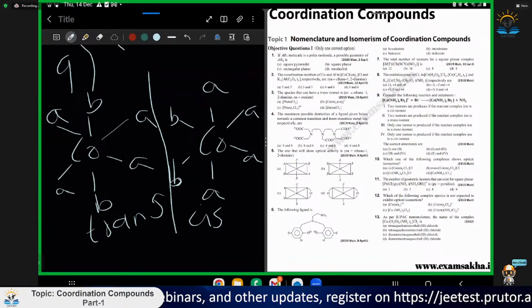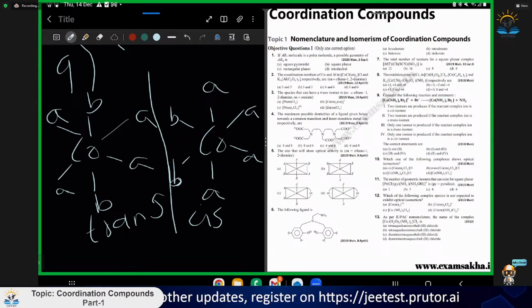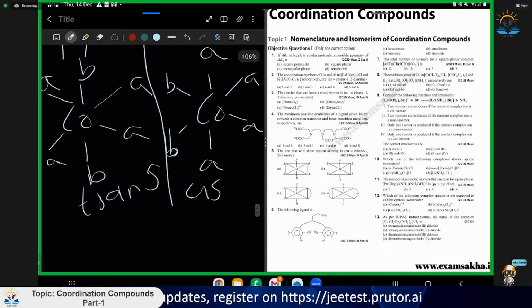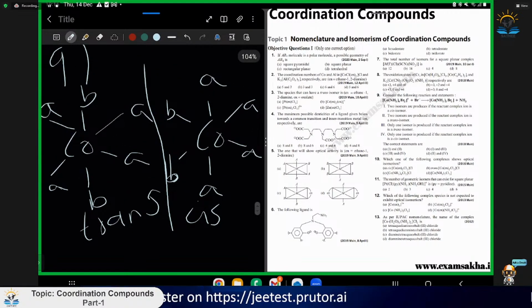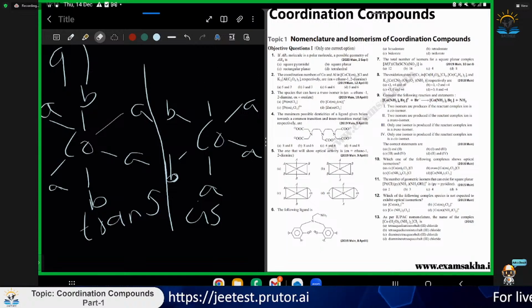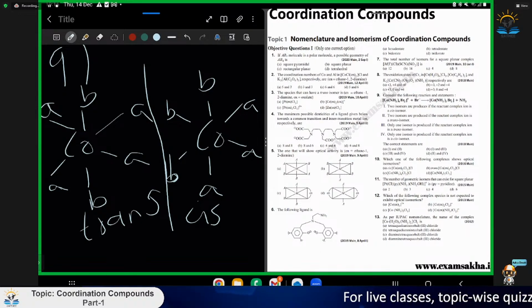Looking at the first point: two isomers are produced if the reactant complex ion is a cis isomer. So if cis, maybe this is going to be replaced. If replaced, this is the mer isomer. Not the mer isomer, this is the fac isomer.